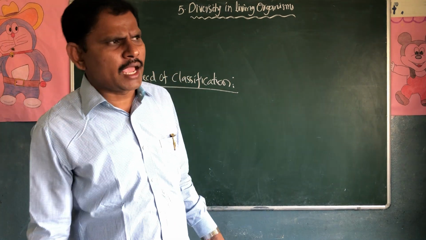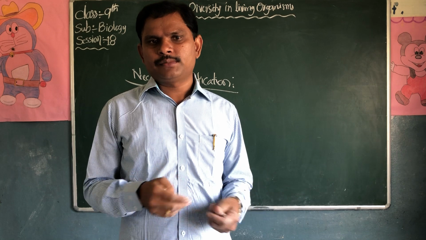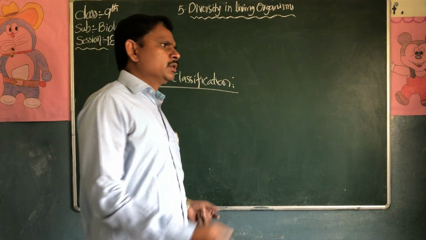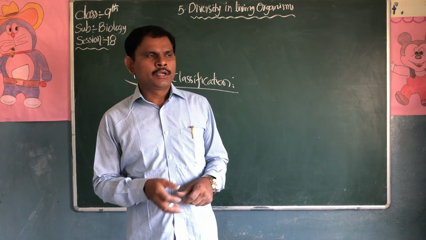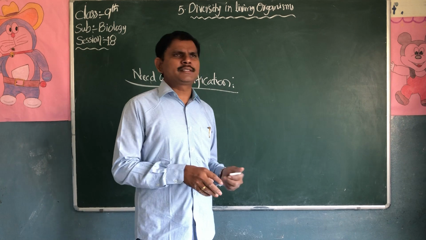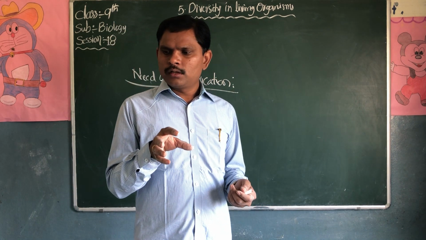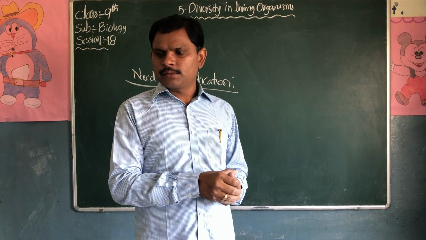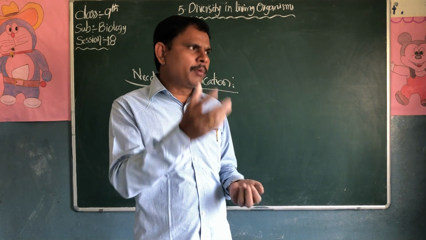Why have scientists divided the plants and animals to make them easy to understand? So they started dividing the plants and the animals. When we classify plants and animals, it helps us focus on them. It helps to identify the population.